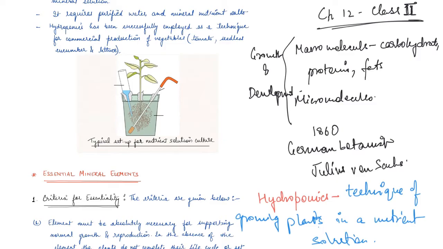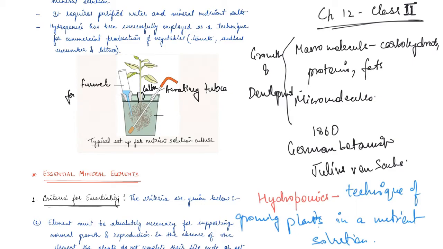right, this is a typical setup for nutrient solution culture. So what we have done is we have placed a plant in a soil-less nutrient medium, and we have covered it completely with the help of cotton. So this is nothing but cotton, right? Now we have an aerating tube. So this is the aerating tube. And we have also put up a funnel.